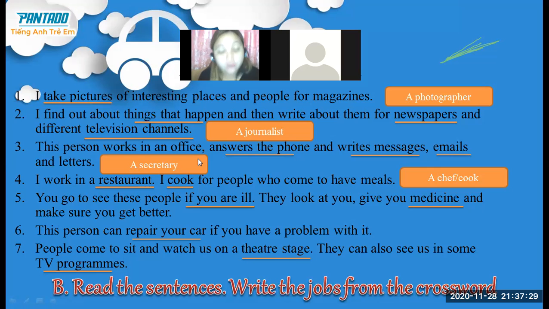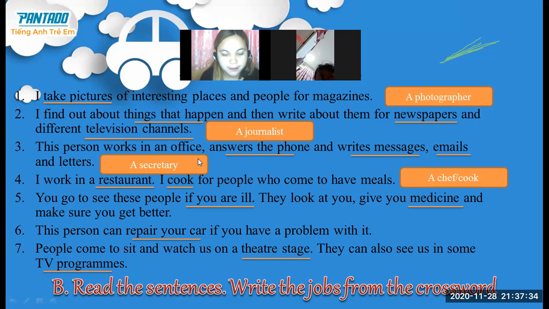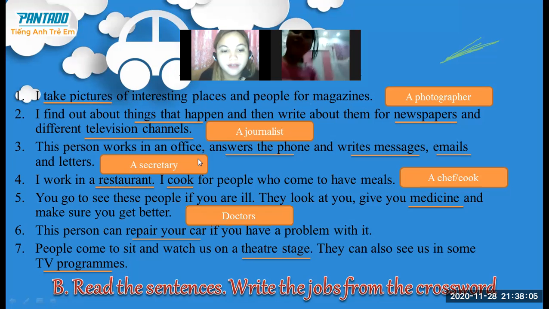They look at you, give you medicine, and make sure you get better. Starts with letter D. I don't know. You don't know? Answer is a doctor. They are the person who looks at you when you are not feeling good, right?